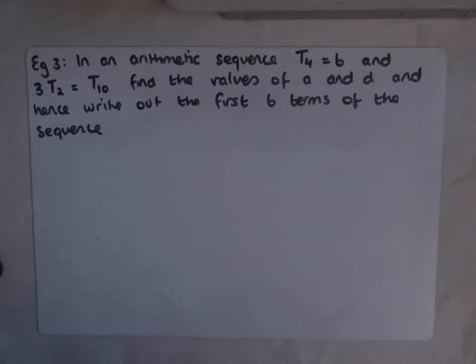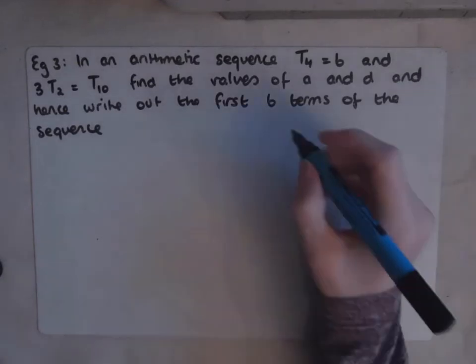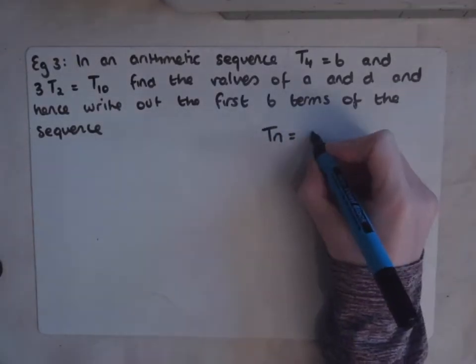They haven't given me a huge amount of information on the pattern of numbers, but we'll be able to find it. They've told me T4 is equal to 6, and they've told me it's arithmetic, so I'm immediately using this.